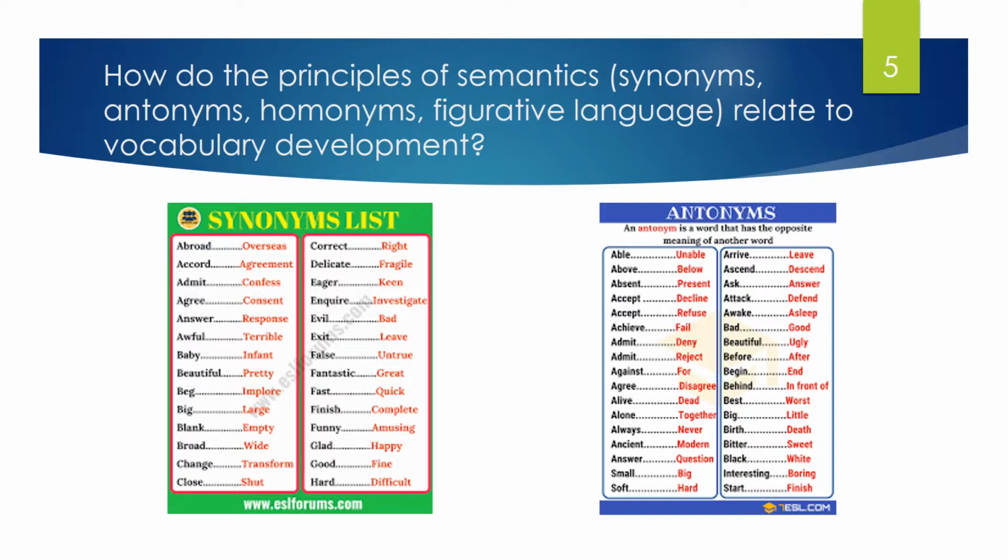So sometimes I did word maps that included examples of antonyms, and it enhanced not only the students' understanding of the words, but told me that they understood what those words meant.